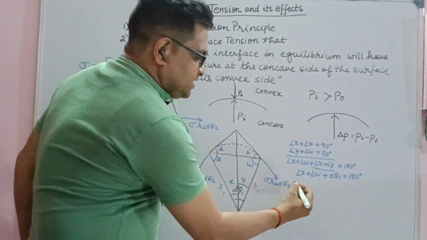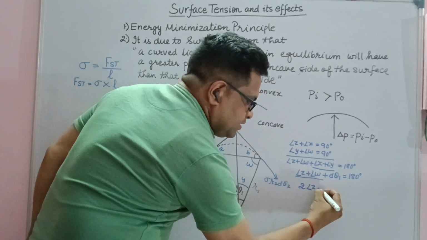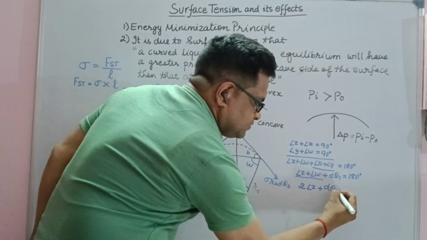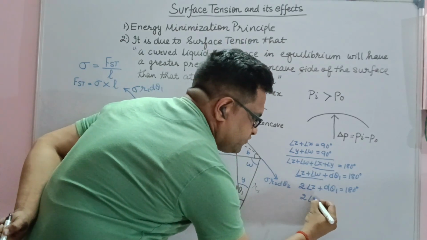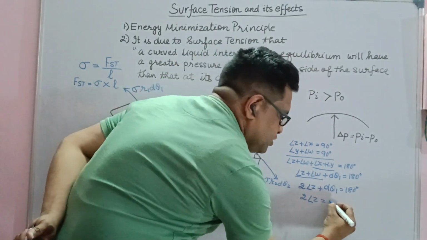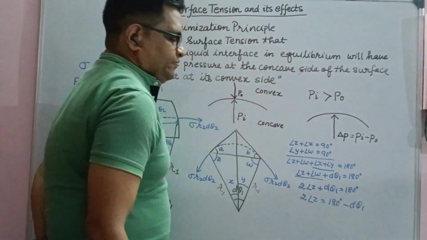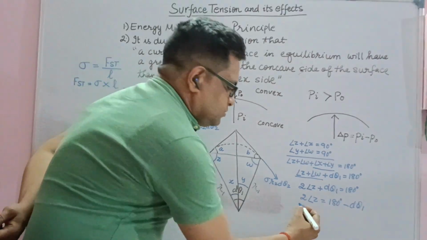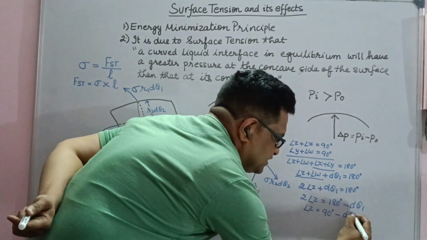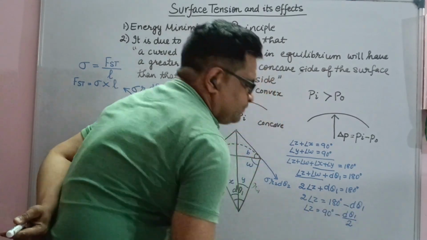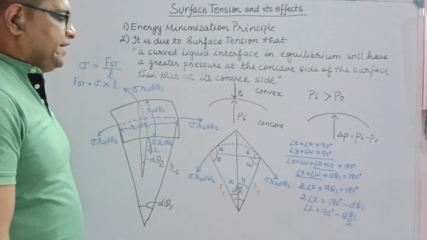So instead of Z plus W, we can now write twice of angle Z plus d theta 1 is equal to 180 degree, or simply twice of angle Z will be equal to 180 degree minus d theta 1, or angle Z can be written as 90 degree minus d theta 1 upon 2. Also we have angle A plus angle Z is equal to 90 degree.